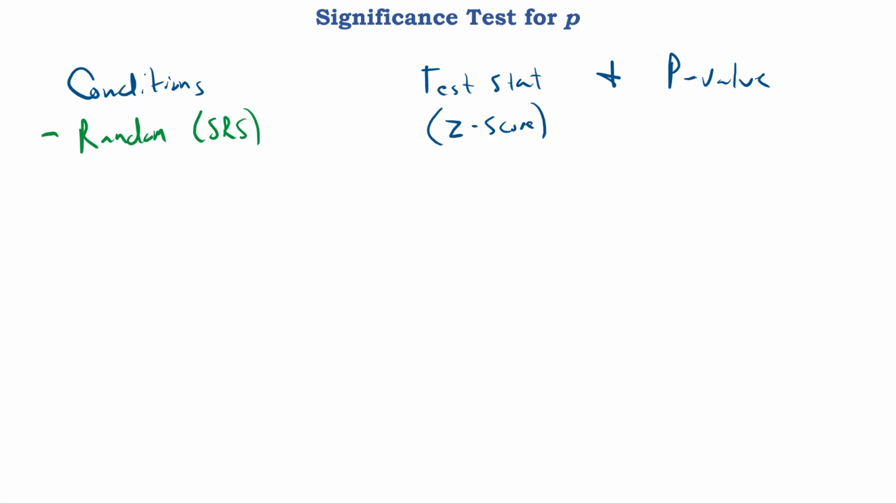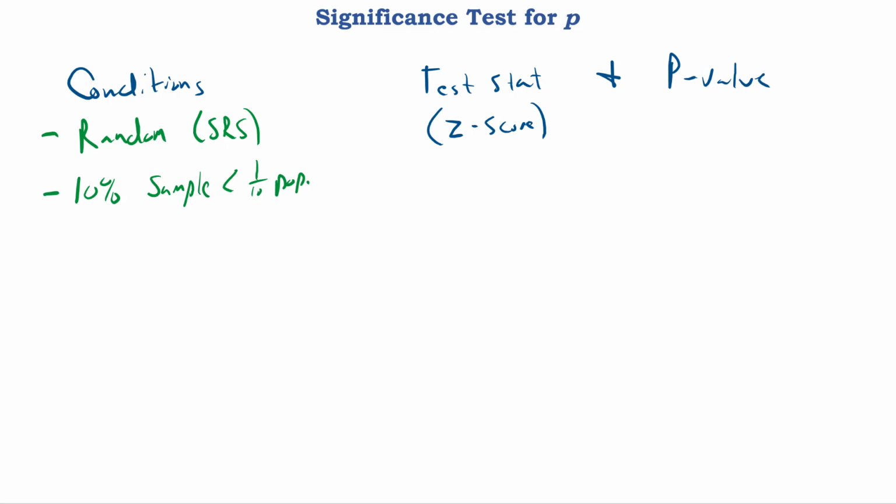The second condition is the 10% condition: the sample needs to be less than 1/10 of the population. That needs to be met for us to move forward with the equations we use to calculate standard deviations, means or proportions.